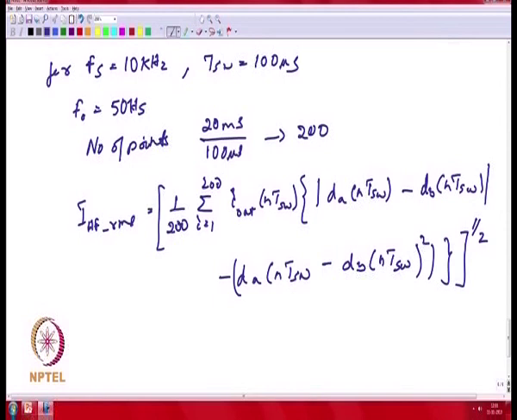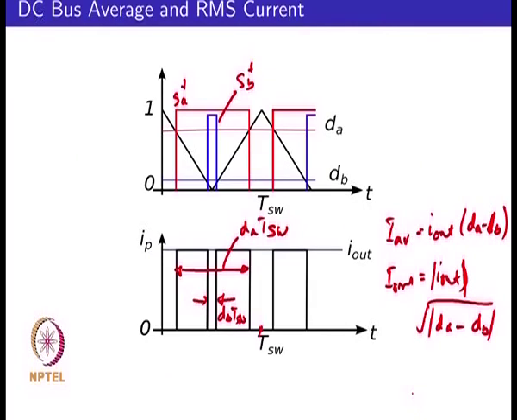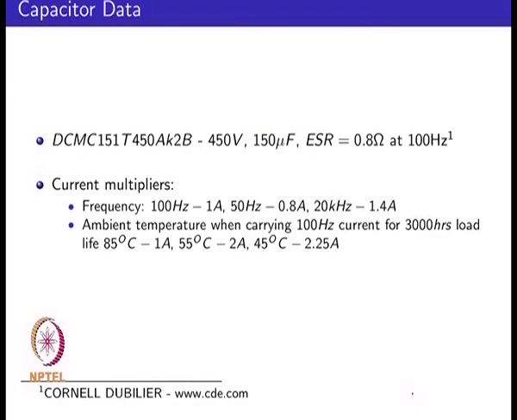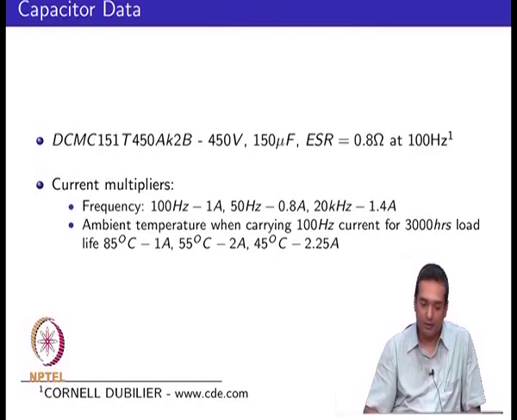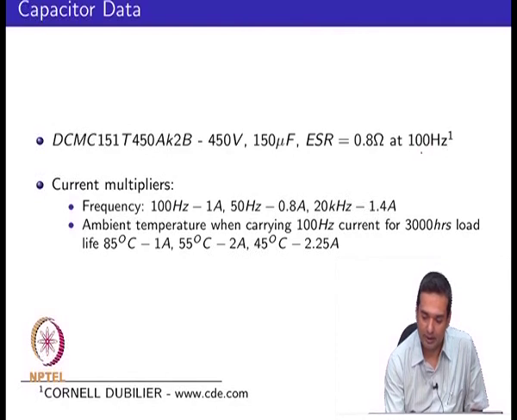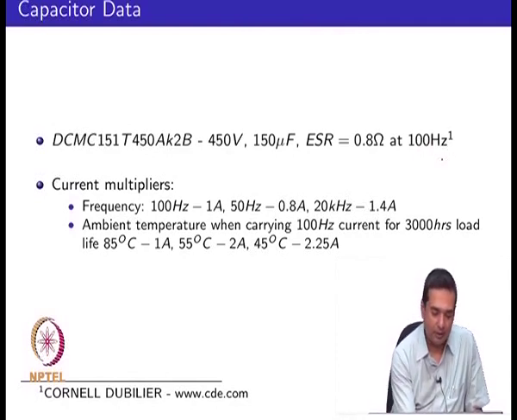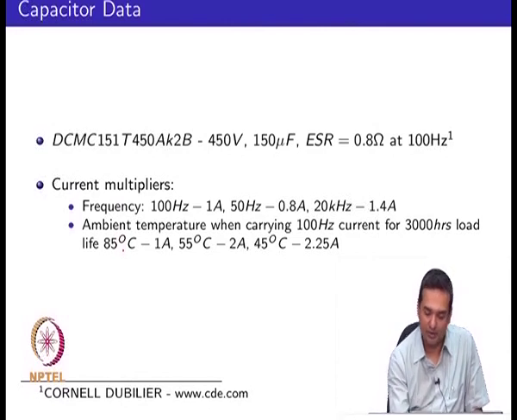For this particular example we will consider the same capacitor as for the previous topology. So we'll assume a 450 volt 150 microfarad capacitor with the given ESR of 0.8 ohms at 100 kilohertz. We'll assume the data is the same as what we had the previous time.